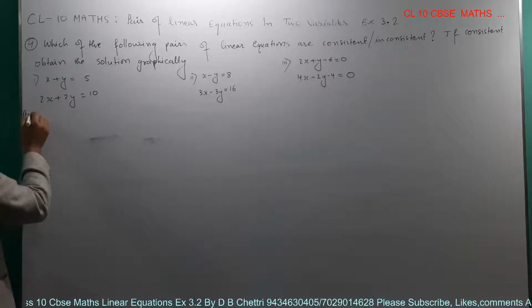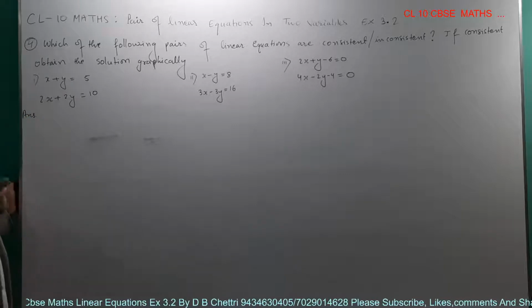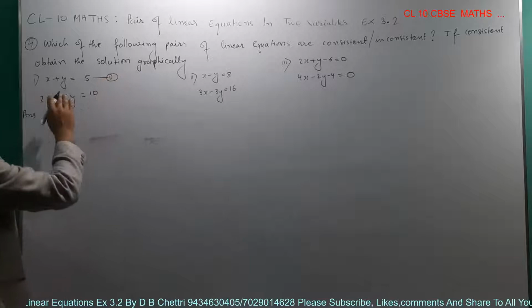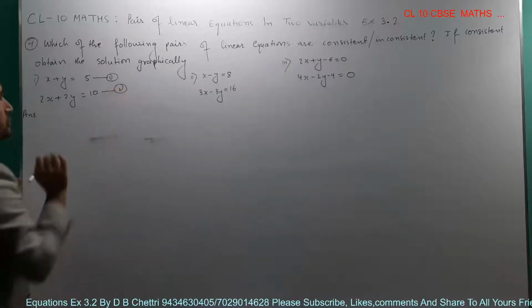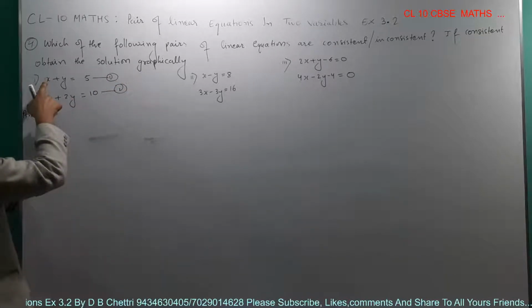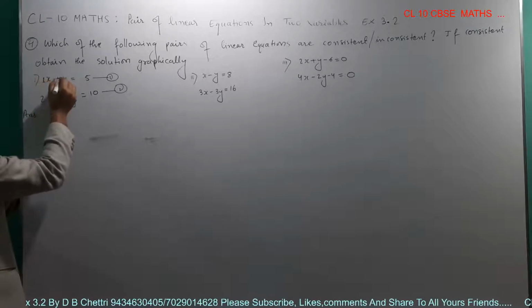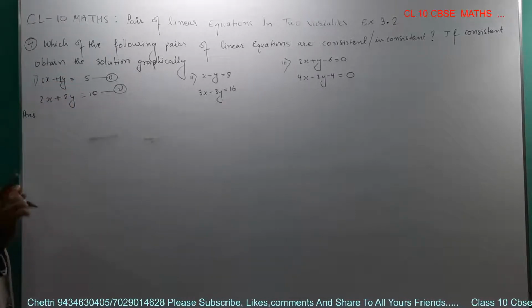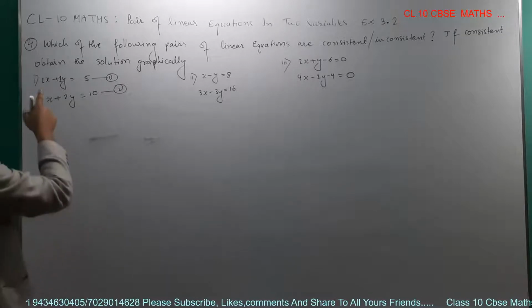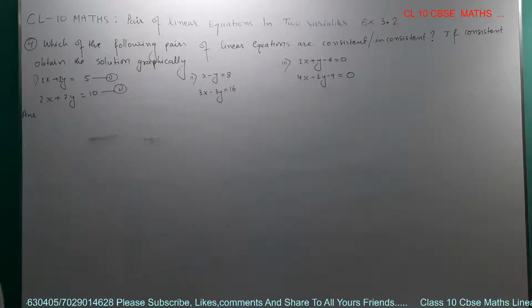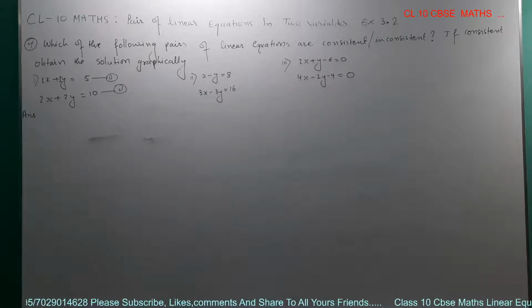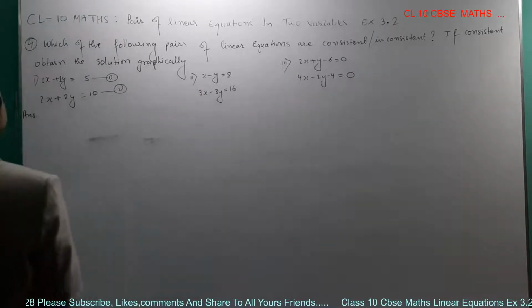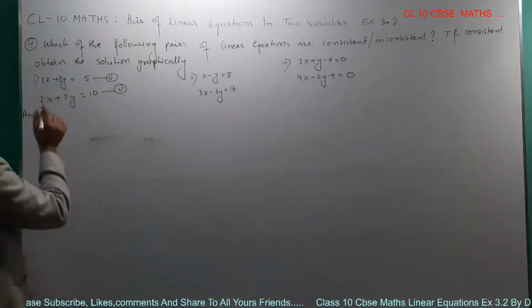First, give the values of A1, B1, C1 from equation 1 and A2, B2, C2 from equation 2. Remember, if there is no number, then 1 is always with the variable. Now let's get the values of A1, B1, C1.